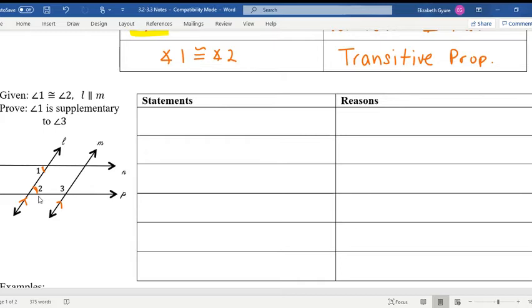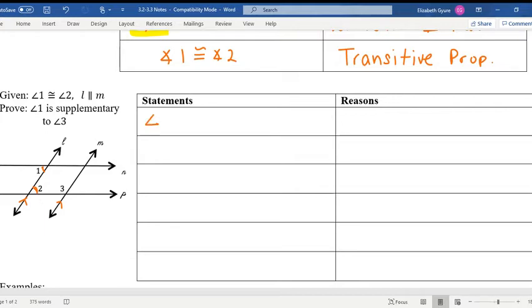We know 1 and 2 are congruent, so will we be able to maybe do some substitution, set up an equation, and eventually prove 1 and 3 are supplementary? Does that kind of make sense? Does that sound like a good plan? Okay. And depending on which angles are labeled for you, there might be more than one good way to do a proof like this. This is just the path that this particular picture is leading us down.